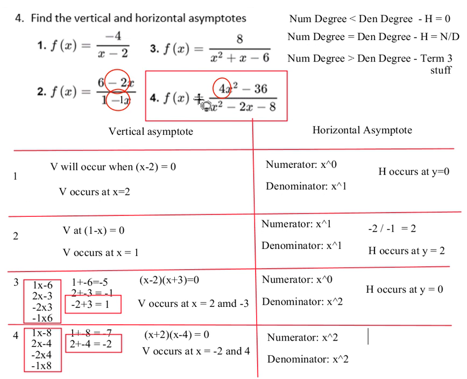A coefficient of 4 and a coefficient of 1. So 4 divided by 1, because we have a coefficient of 4 at the biggest term, and a coefficient of 1 at the biggest term. So we make a fraction of those two. 4 divided by 1 is equal to 4. Therefore, the horizontal asymptote occurs at y equals 4.